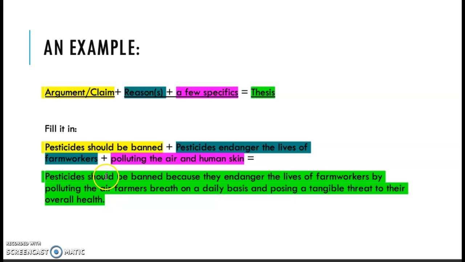So when you get to this point, make sure that you've got all parts of this formula and then see, okay, is it arguable? Do I have logical evidence? Is it connecting with my readers? Is it building my credibility as an author? And then do my readings inform this thesis?